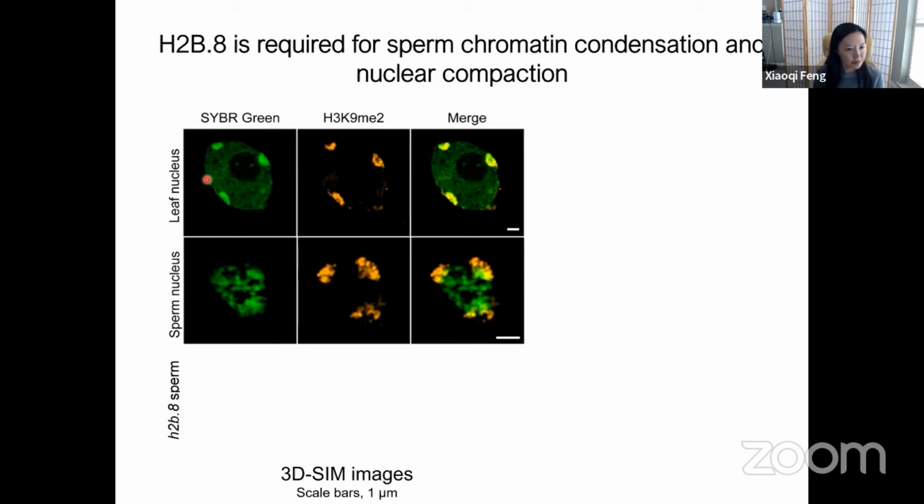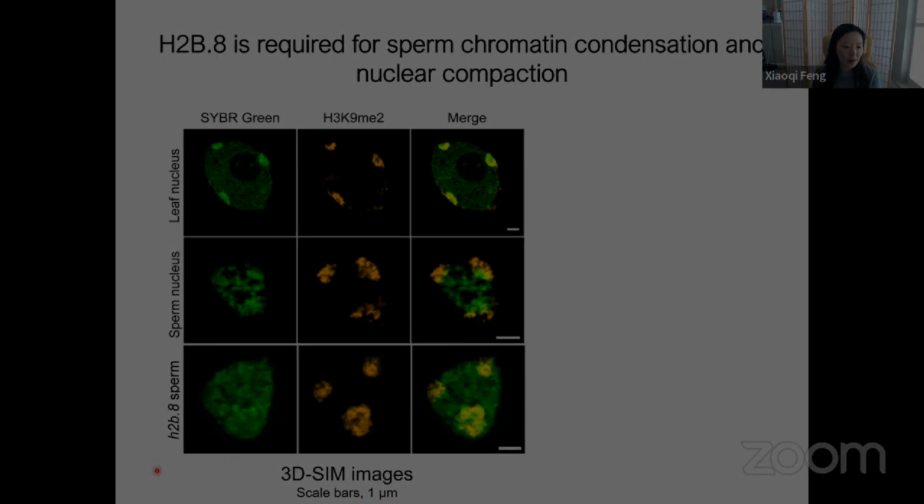For example, this is a leaf nucleus, where you can only see this very diffuse SYBR Green signal throughout the nucleus, except at these highly condensed foci at the nuclear periphery. These condensed foci are the heterochromatin foci, enriched in the heterochromatic mark H3K9me2, so histone 3, lysine 9 dimethylation. You can see these heterochromatin foci are also present in the sperm. However, the rest of the nucleus, which corresponds to euchromatin, is still aggregated.